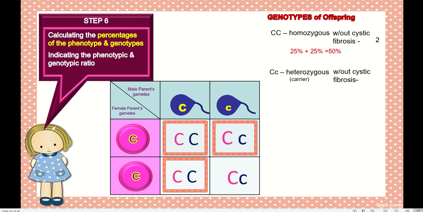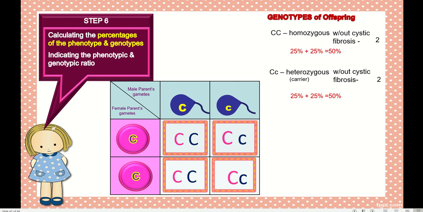This is capital C. It represents without cystic fibrosis. And this one is small c, with cystic fibrosis. But remember in the law of dominance, the dominant trait covers the recessive. So what we write here is heterozygous without cystic fibrosis, 1. And of course, here is another one, so we'll have 2.